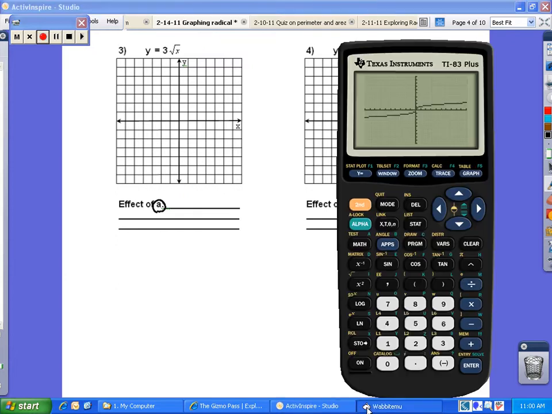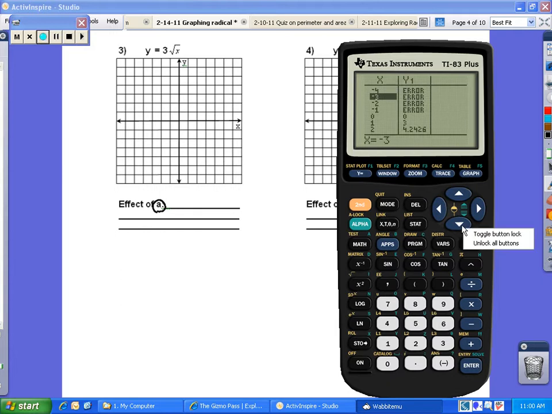Alright, so if you're looking at y equals 3 times the square root of x, that is not the cube root of x, so 3 times the square root of x, and graph, you can see that the graph increases at a little bit quicker rate. If we take a look at the values of that graph, we have errors, of course, with the negatives, but now instead of 1, 1, we have 1, 3, which looks like it corresponds to that A value.